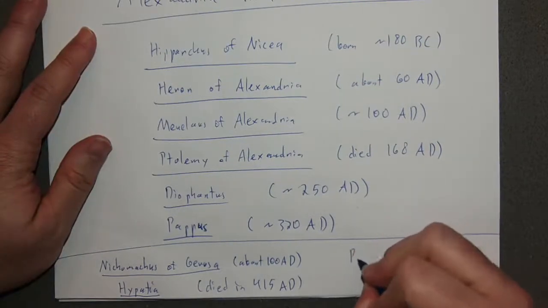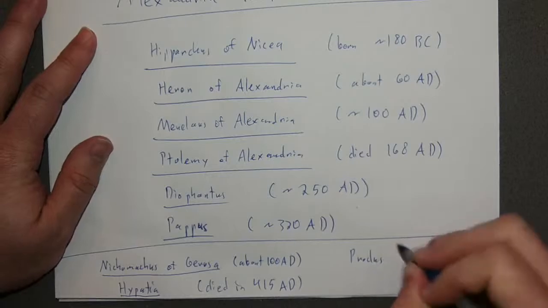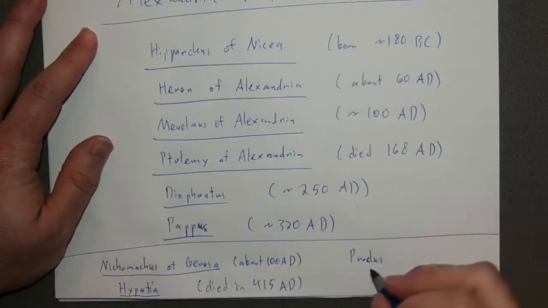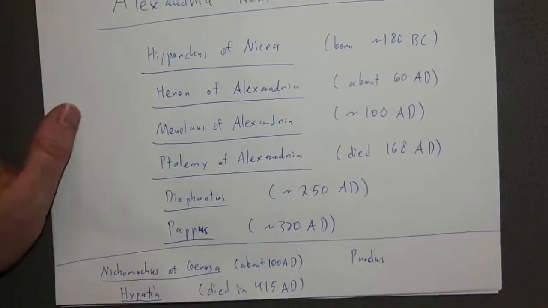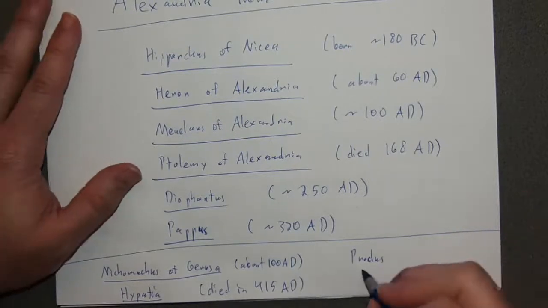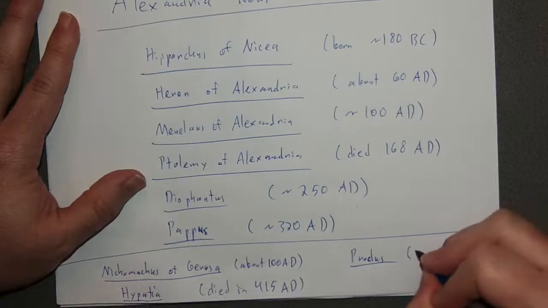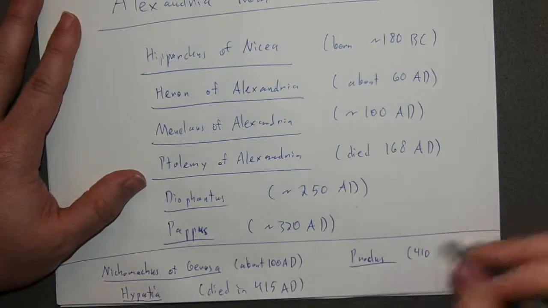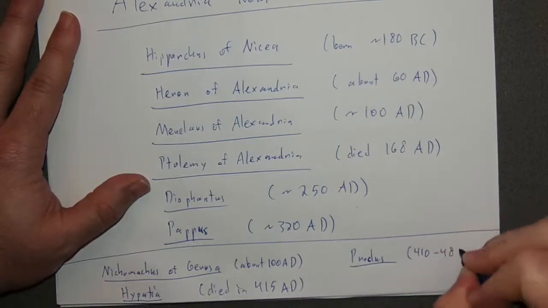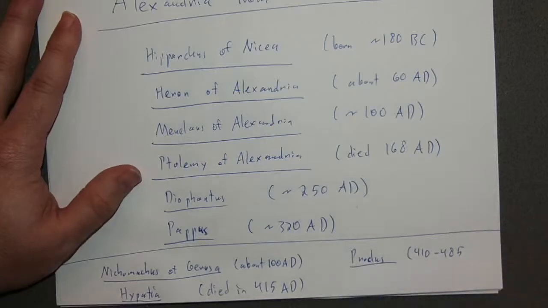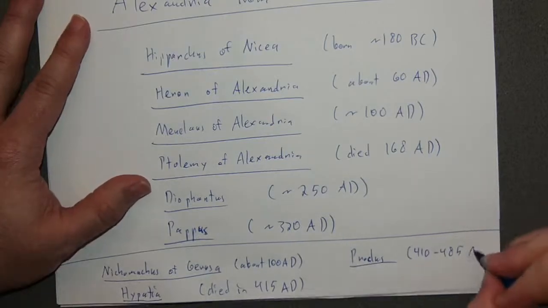There's Proclus, whom you have heard of before because his commentary on Euclid's Elements and earlier Greek mathematicians was well known. His greatest accomplishment was probably his well-known commentaries on earlier Greek mathematics.